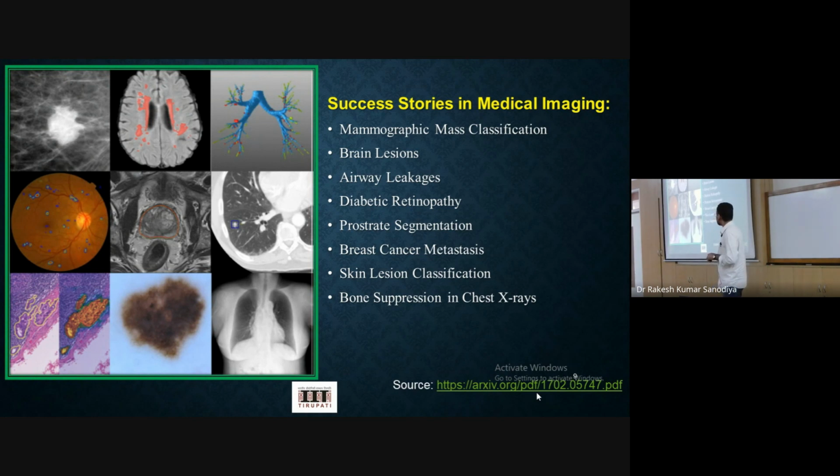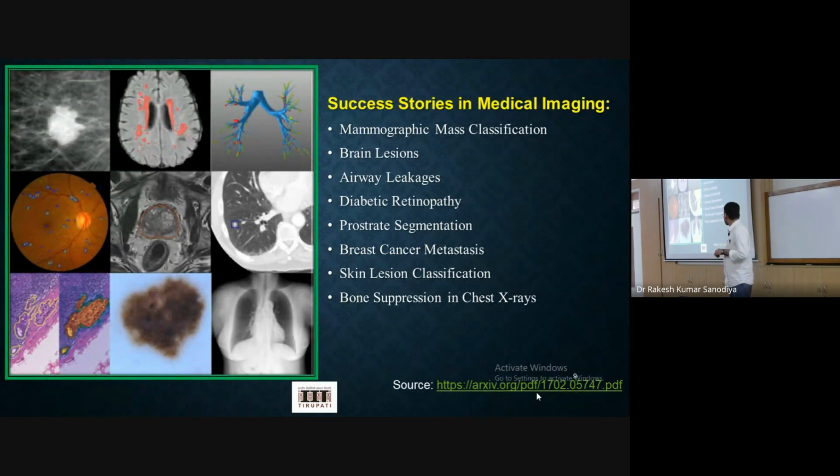Similarly, this is related to chest X-rays, where they are trying to find airway leakages. Another important application is diabetic retinopathy. For the retina, they have taken somebody to a hospital to check the retina and other things. Again, very good data sets are available there. The accuracies and robustness they achieved are really good.